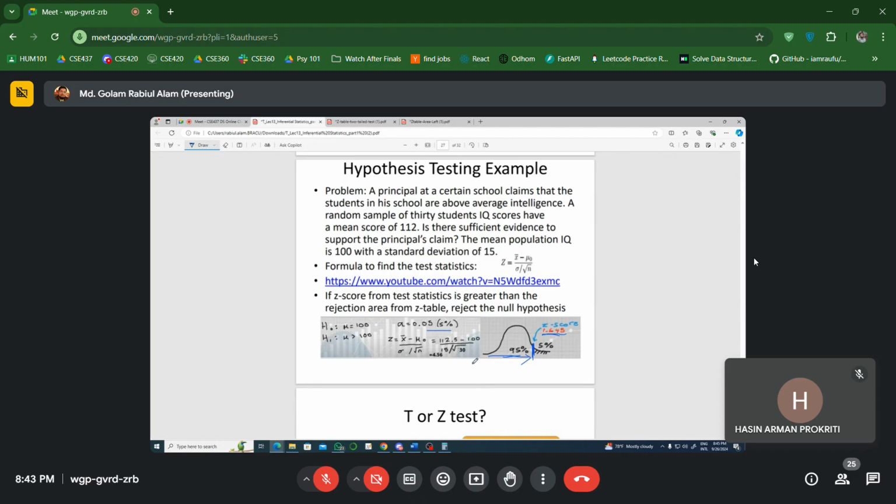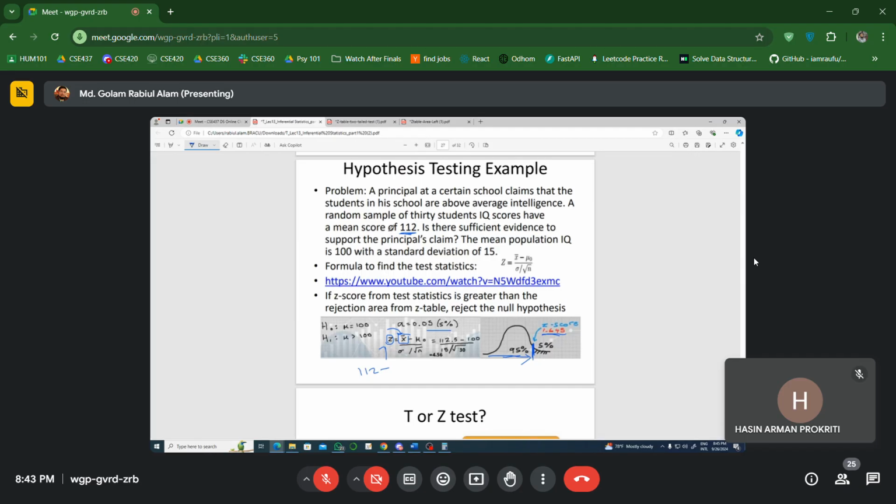But now we have to find out our test statistic, our Z value. It is the average of our sample data. The average of our sample data is 112, minus mu 0.